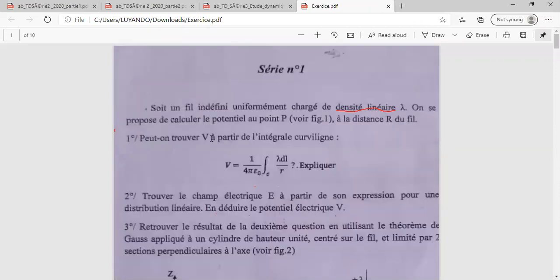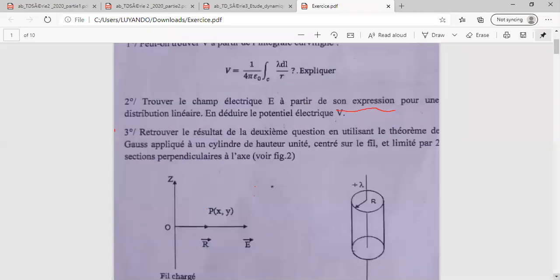So I've been given a wire uniformément chargé de densité linéique. On se propose de calculer le potentiel au point P, voir figure 1, à la distance R du fil. So we're going to see our figure 1. This is our figure 1.